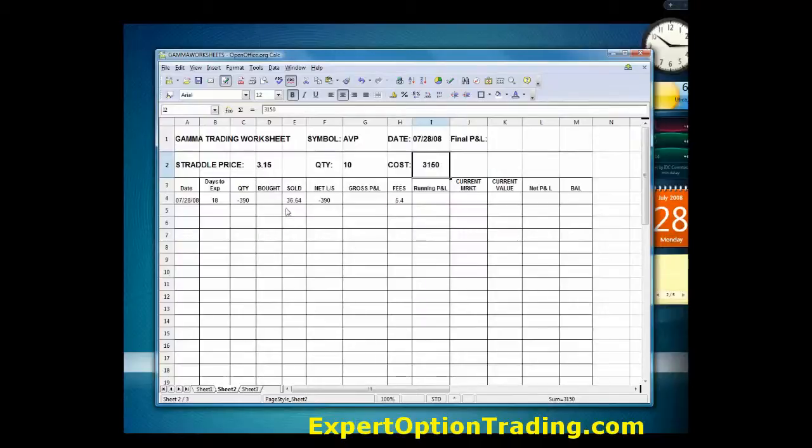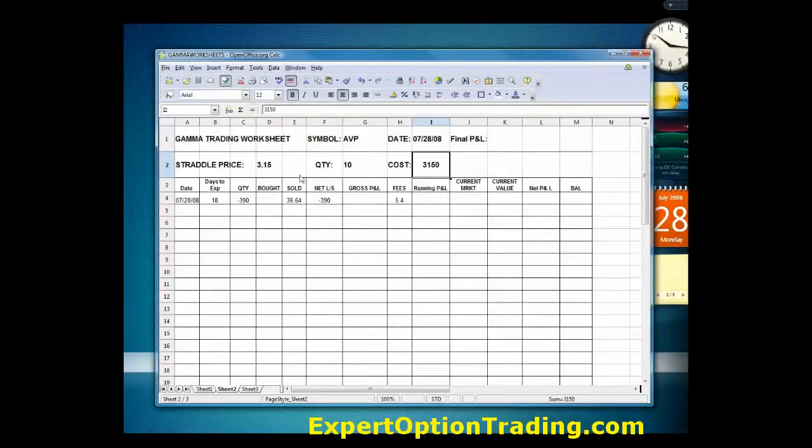Between now and the expiration in 18 days, not only do we ideally want to have some value left in the straddle, but we want to make more from our trading of the stock as we get closer to expiration, to not only go above and beyond the $31.50 that it costs us to enter into the straddle, but way above and beyond that in order to make a really good profit on this trade.